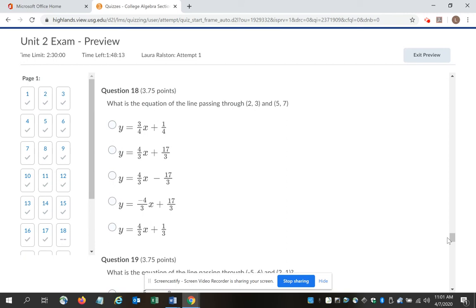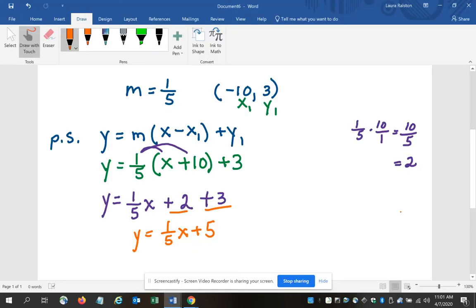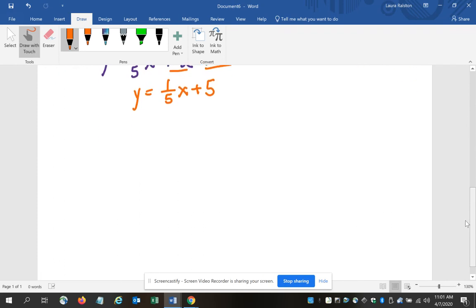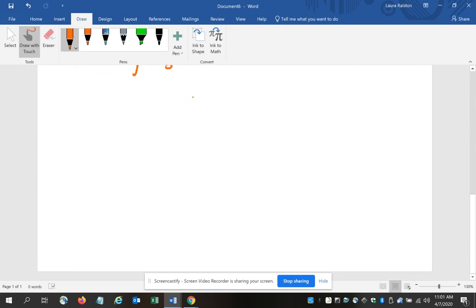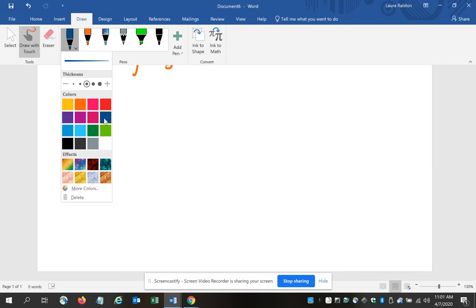Well, in this particular problem, you weren't given the slope, but we have enough information that we can find the slope, because I am given in the initial problem 2 ordered pairs.